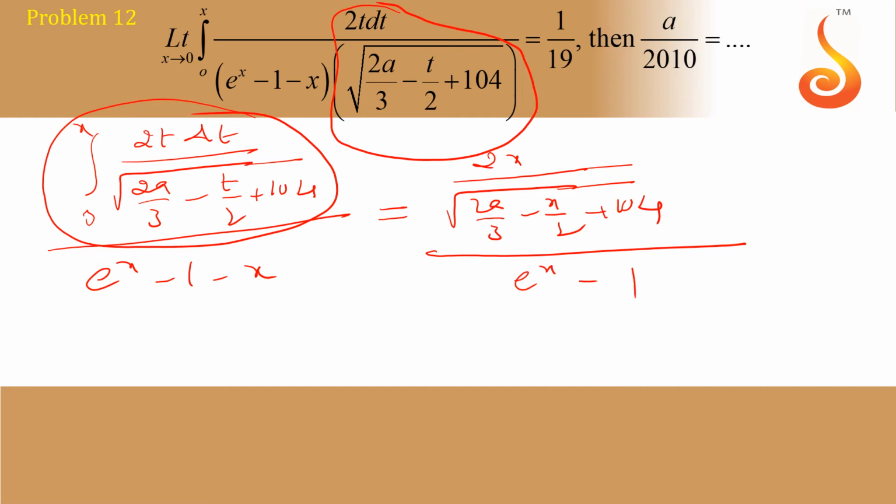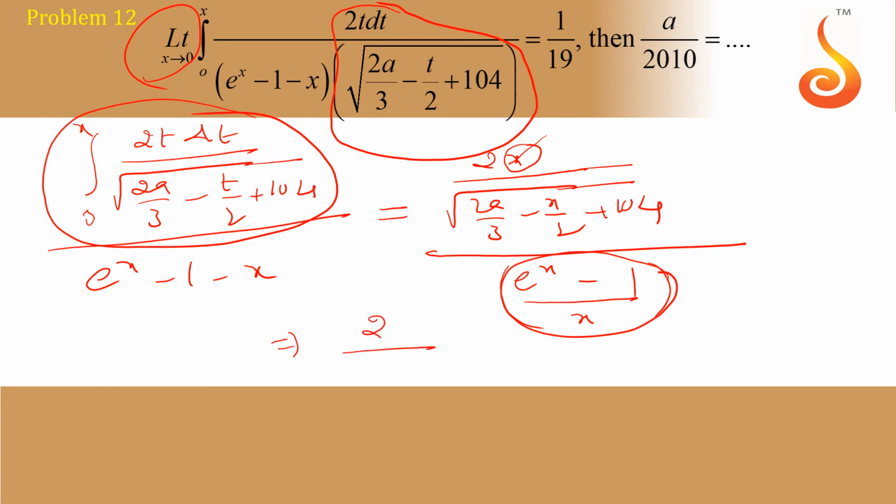Then if you observe carefully, this x, if I remove here, I can write here, as limit x tends to 0, this is a formula which is 1. So here if you substitute x equal to 0, what you are getting? 2 by under root of 2a by 3, x is 0, plus 104 is equal to 1 by 19. Can you get a value from this? The value of a you will get is 2010. Then the required value is 1.